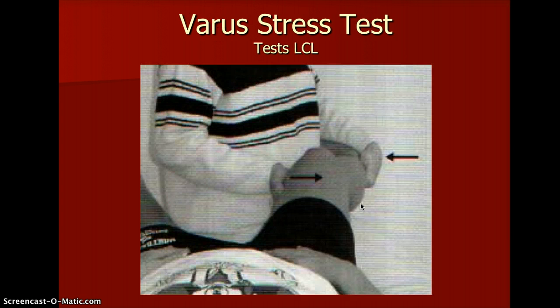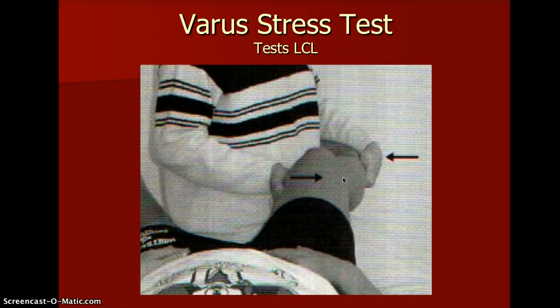The next special test is a varus stress test, so that's varus with an R. And you got to make sure you guys are familiar with those two terms, valgus and varus. Varus stress test tests the LCL, so the lateral collateral ligament. And here, again, you're stabilizing the tibia, but now you're pushing from inside to outside of the knee, and that would be a varus stress, and it would try to open up the knee laterally.